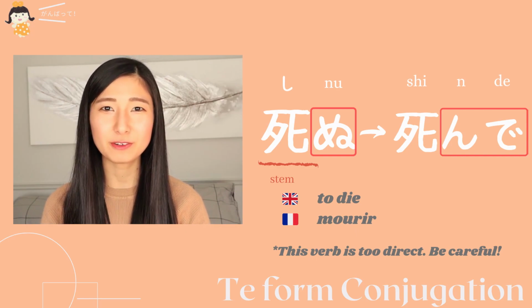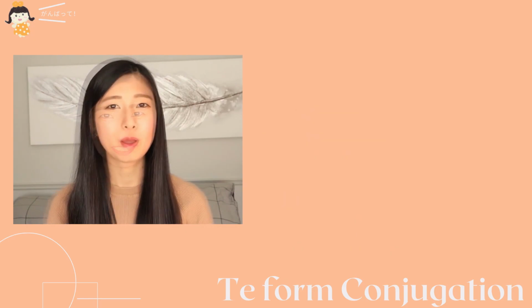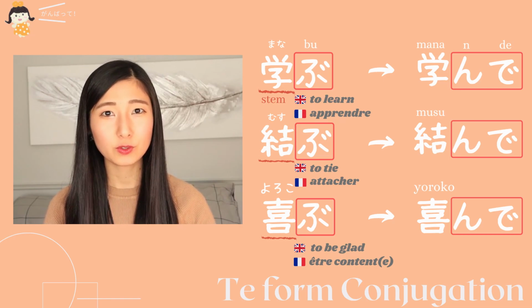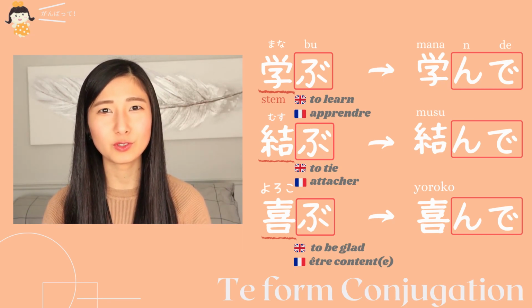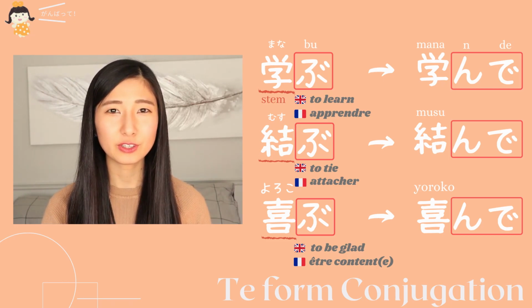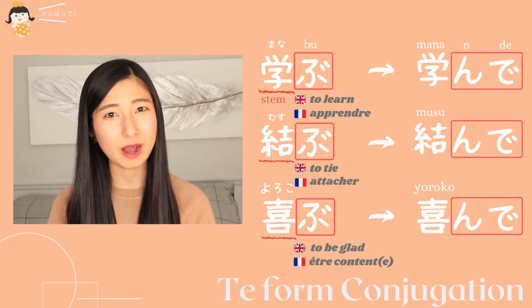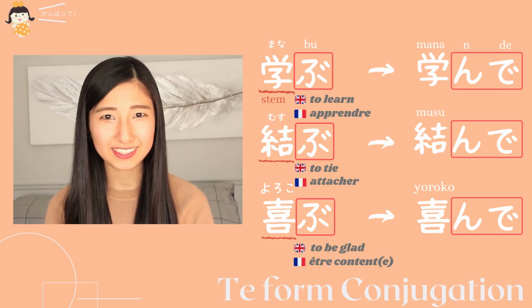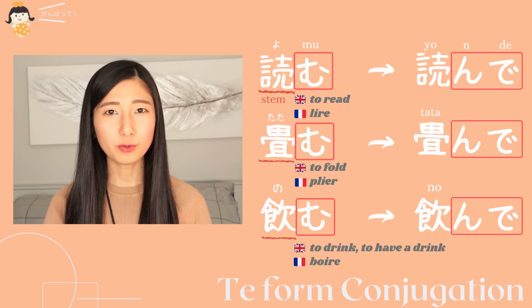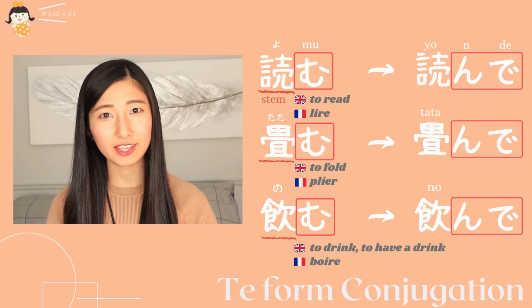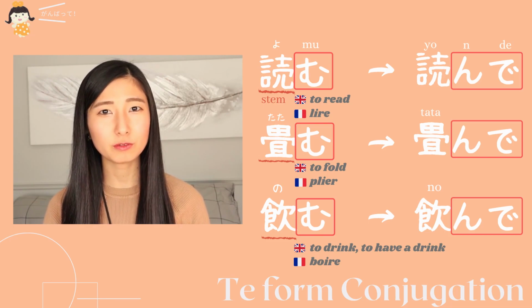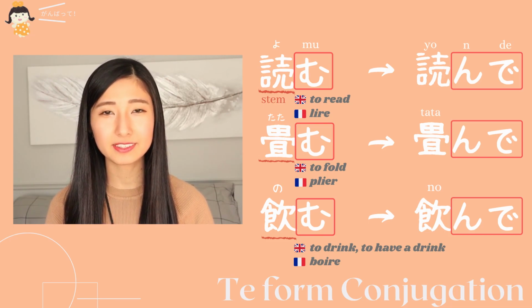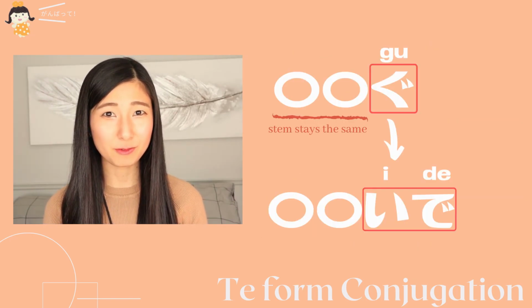This verb is the only one that ends with nu. 学ぶ becomes 学んで。結ぶ becomes 結んで。and 喜ぶ becomes 喜んで。読む will be 読んで。畳む will be 畳んで。飲む will be 飲んで。And the last one for u verb.